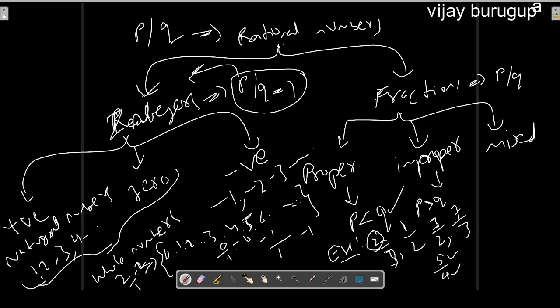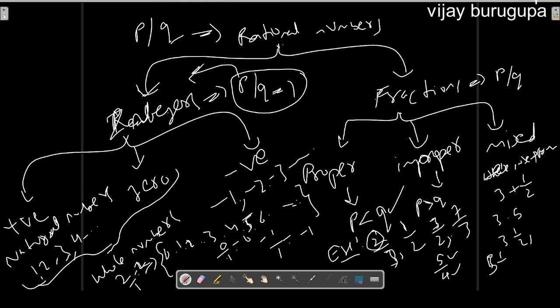Now let's talk about mixed fractions. Mixed fractions are nothing but a whole number plus a fraction. Like 3 plus 1 by 2, that is 3.5, that equals 3 and a half.